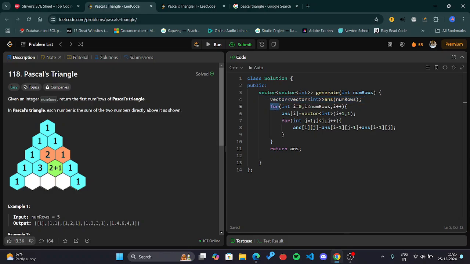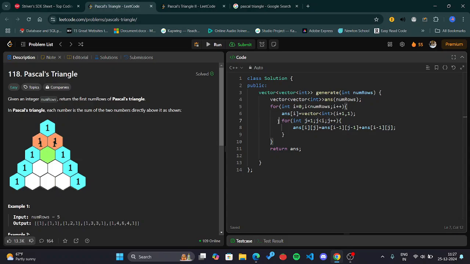Now I have taken a for loop to go inside numRows, how many it's given, 5. And then I am taking an answer where I will store the final answer and return that. Therefore vector int of I plus 1, with 1, every time it will be I plus 1, it will increase, because I is starting from 0 but it is 1 2 3 4 5, that's why I have taken I plus 1, 0 plus 1 is 1, like that.